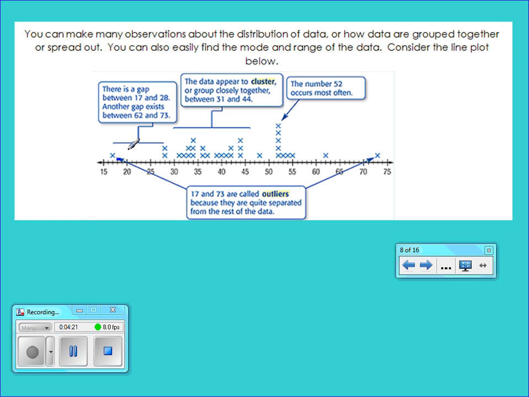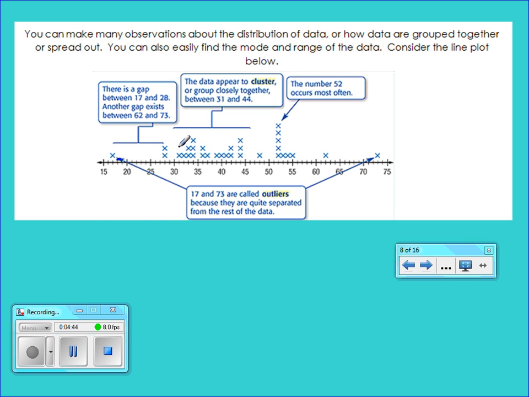When we have big gaps where we have one number that's much lower than everything else and one number that's much higher, we call those outliers. Okay, they're separated from the rest of the data by a good space and they're off by themselves. So we call those outlier numbers. And where we see a bunch of data that's been plotted together, we would call that a cluster. Okay?